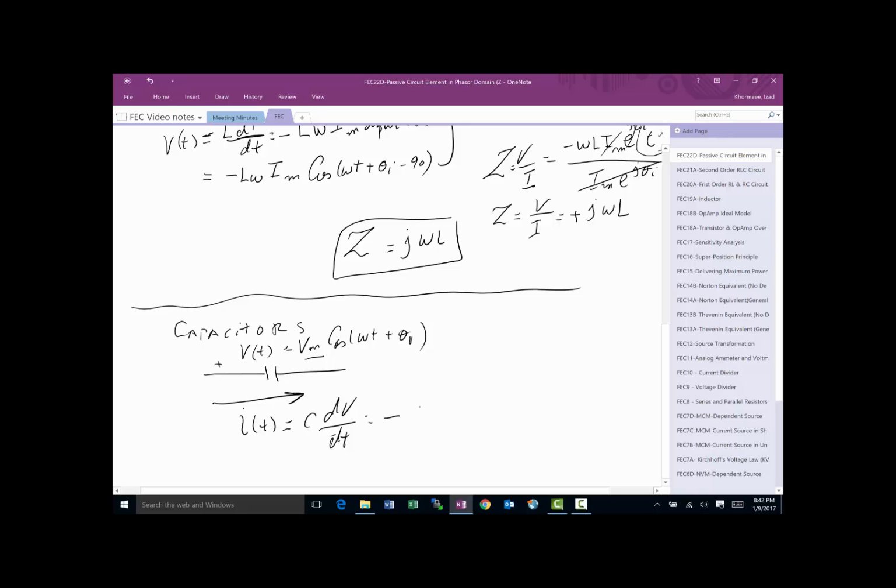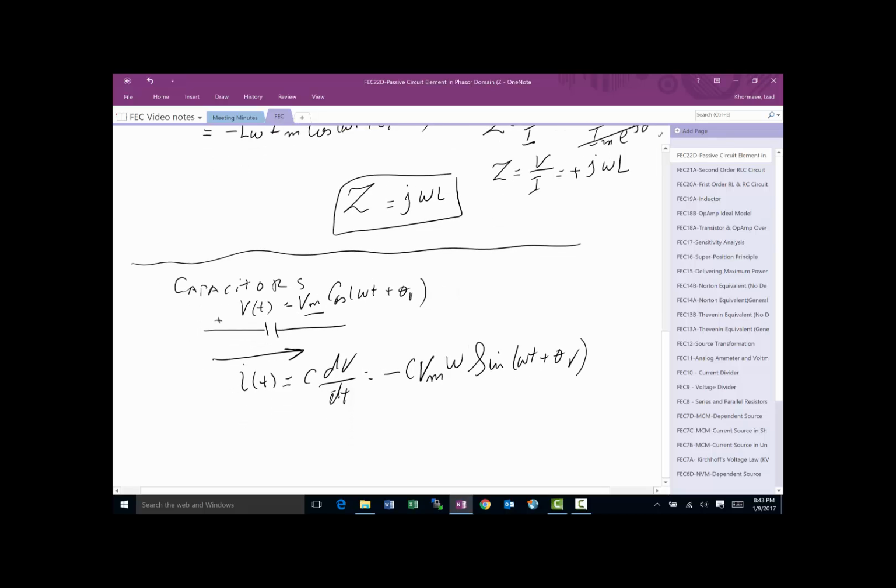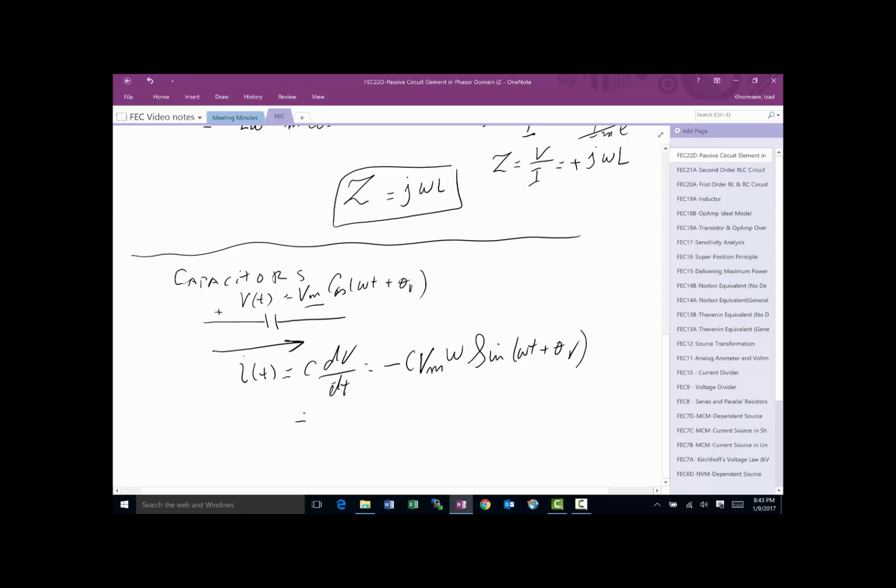So we end up with minus C Vm ω sine of (ωt plus θ_v). To go to the phasor domain, it has to be in cosine form. So we've got minus Cω Vm cosine of (ωt plus θ_v minus 90).